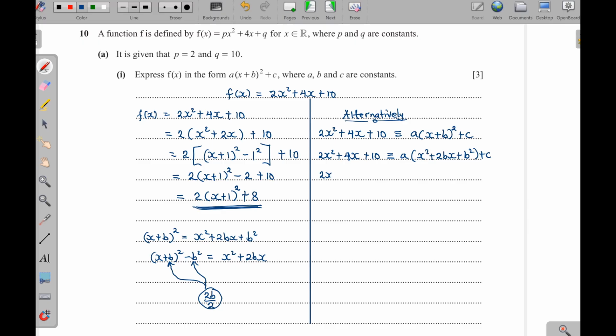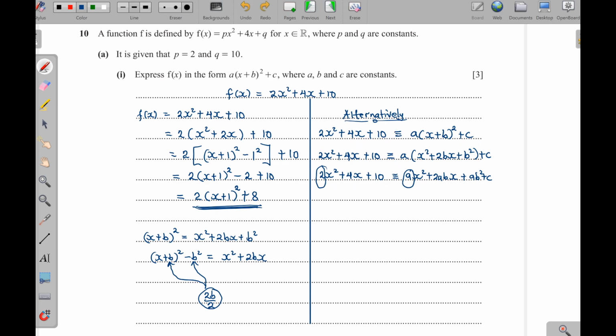So 2x squared plus 4x plus 10 is the same as ax squared plus 2ab of x plus ab squared plus c. Now look at the coefficient of x squared. They have to be equal, because I've put the three equal signs, meaning whatever is on this side implies what is on the right.